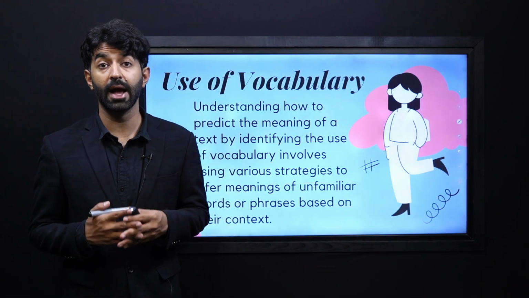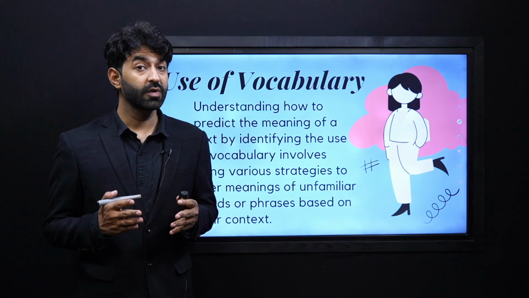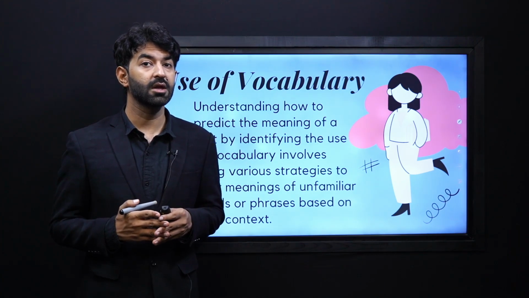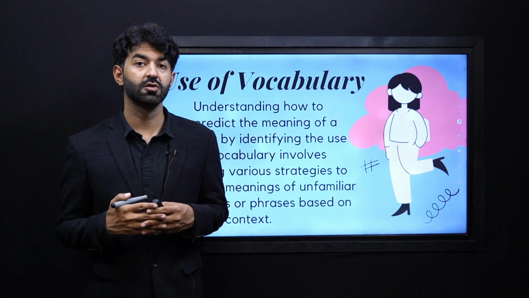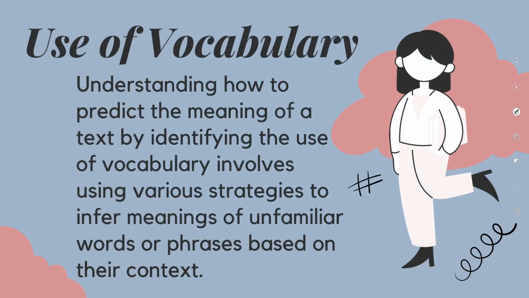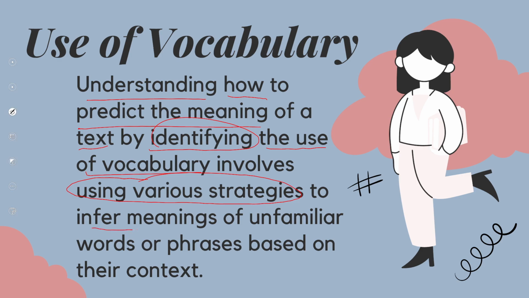Let's talk about vocabulary now. We saw that identifying the meaning includes use of language structure and use of vocabulary. So, now let's move on to vocabulary. Understanding how to predict the meaning of a text by identifying the use of vocabulary involves using various strategies to infer meanings of unfamiliar words or phrases based on their context.